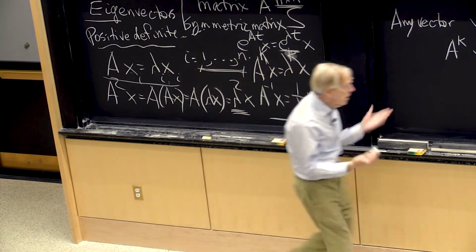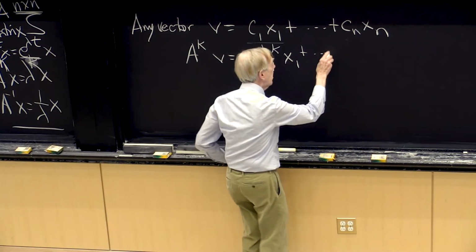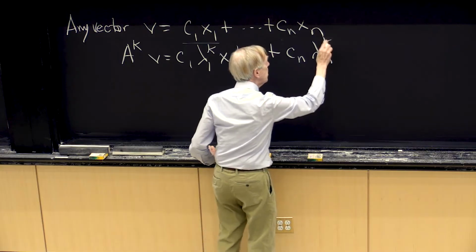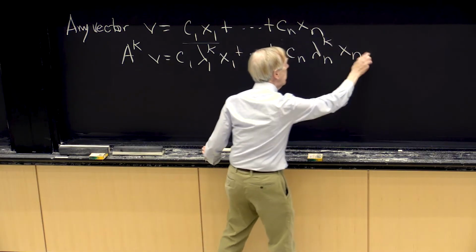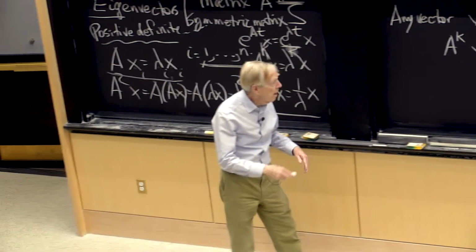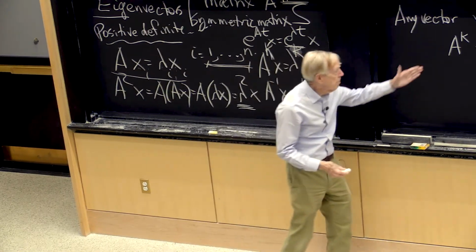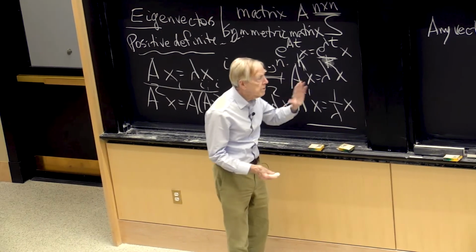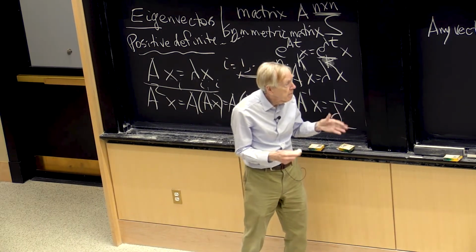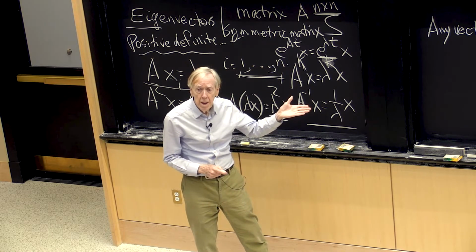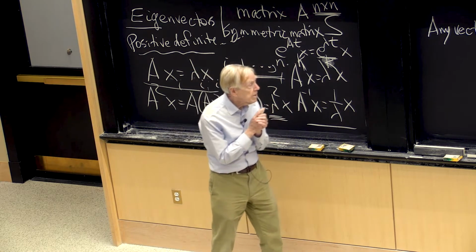And linearity says keep going: cn lambda n to the kth power xn. In other words, I can apply any power of a matrix. I can apply the exponential of a matrix. I can do anything quickly because I've got the eigenvectors.